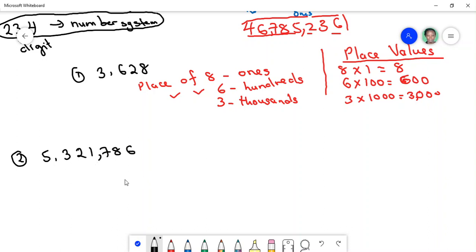If I ask you to find the place and place value, it is easy, so we use the place value chart. Here we have ones, tens, hundreds, thousands, ten thousands, hundred thousands, and now we are at the millions.